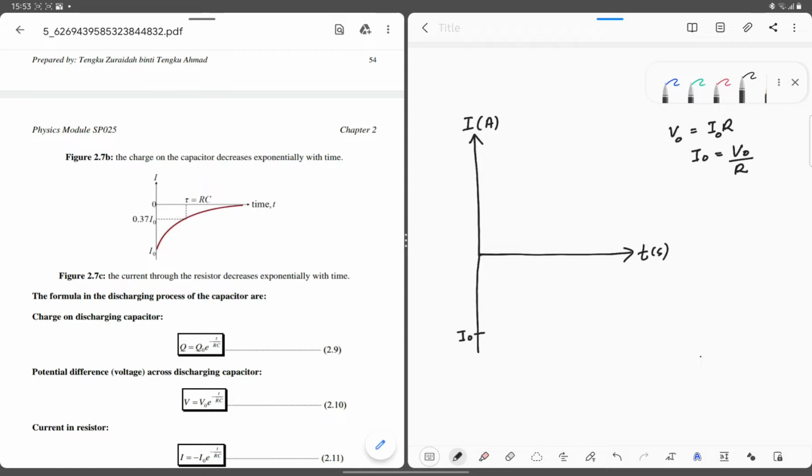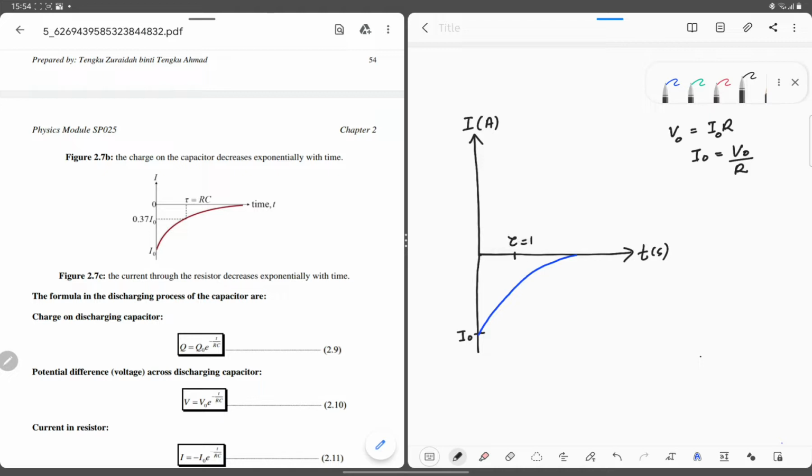So I'm going to sketch it for you. We know that during the discharging process, when voltage starts to decrease, the I also starts to decrease until it reaches 0. So how fast does the capacitor decrease the current flowing through the resistor? It's based on the value of tau.